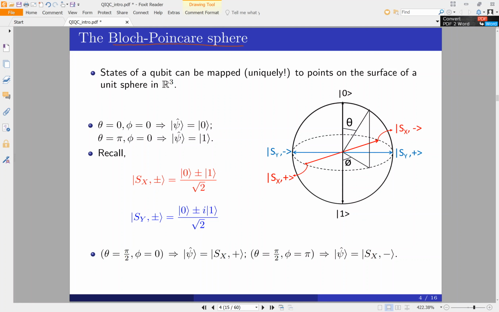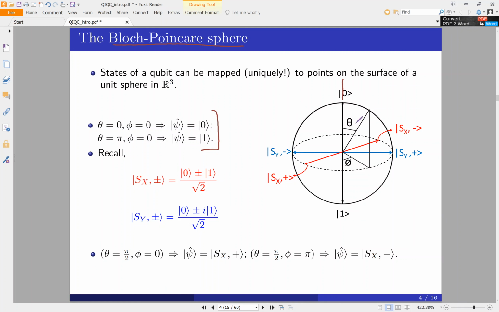So now, where are the different states that we have already seen through this course? First let's mark out the states 0 and 1. First of all, note that if I pick some arbitrary point on the surface of the sphere, then theta is this angle. I'm thinking of this as my z-axis.